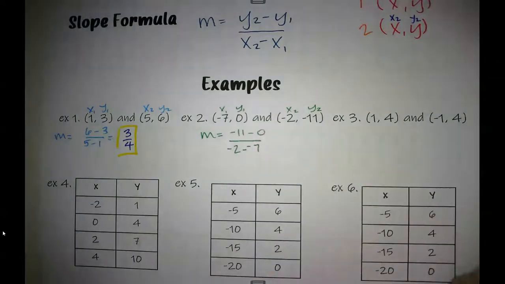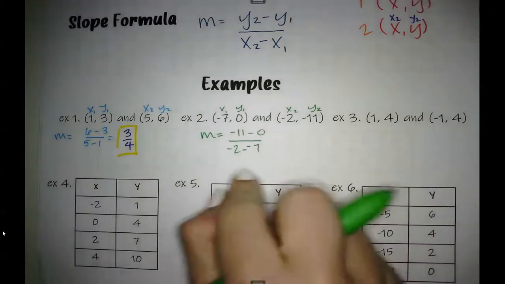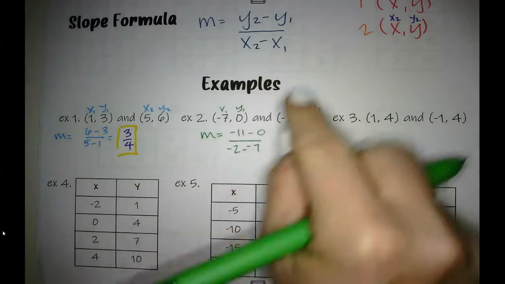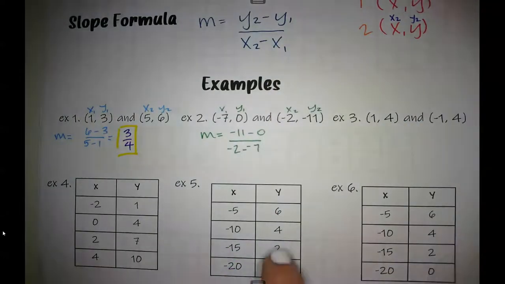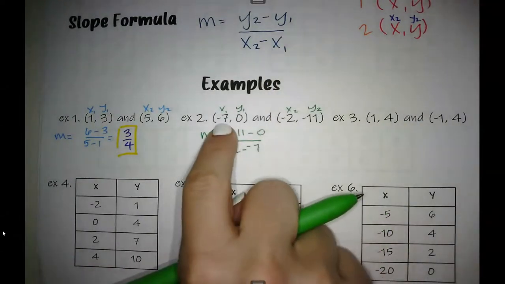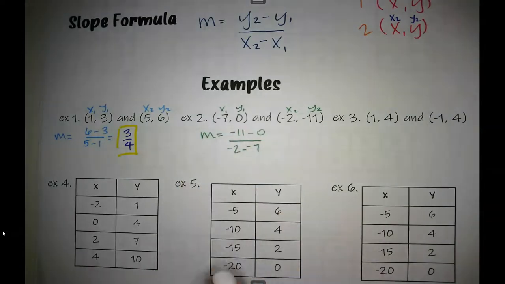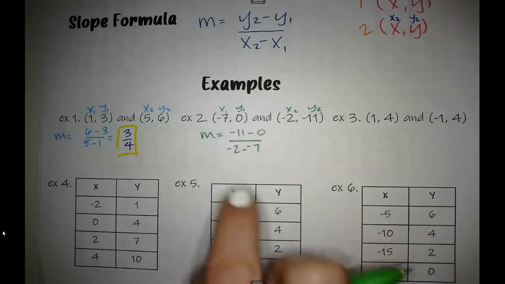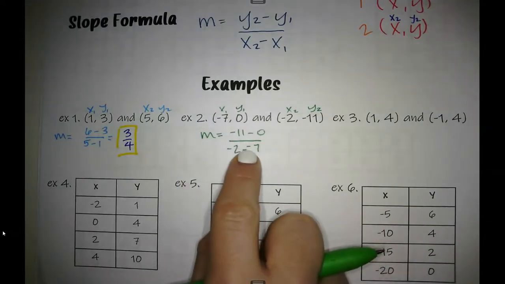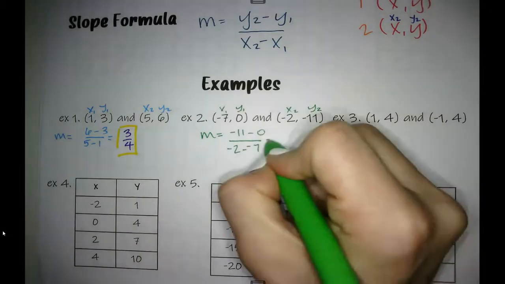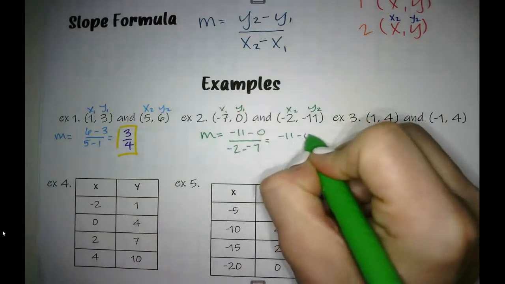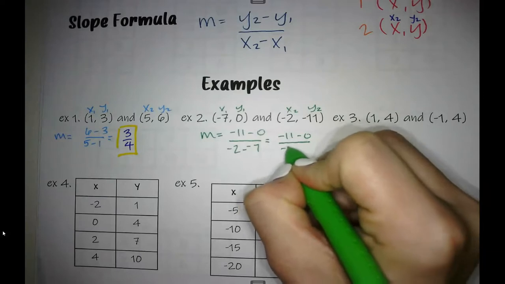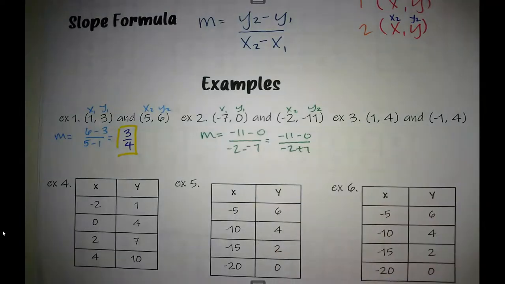minus negative 7. I always write it out with the minus sign and then whatever sign we have here. And then I know if I have a minus and then a negative, then really this is negative 11 minus 0, negative 2 plus 7.